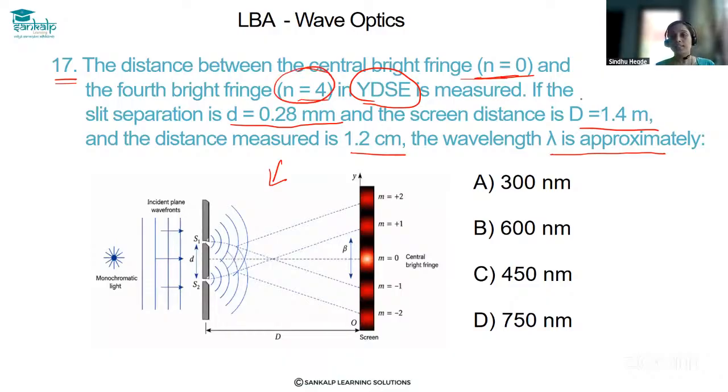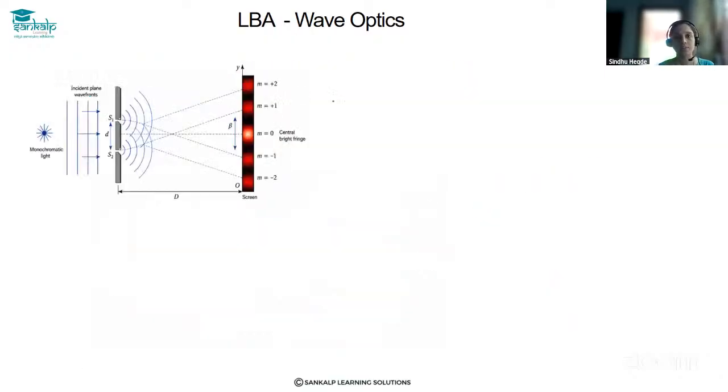The given things: capital D is given, small d is given, and this 1.2 centimeter indicates the fourth fringe value, y4 equal to 1.2 centimeter. We have to convert it into meters and finally calculate the lambda. We'll see how to calculate this.